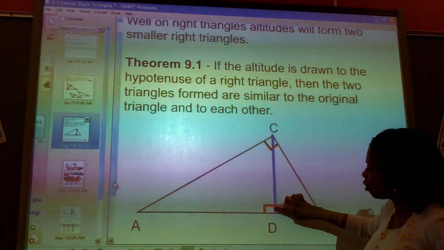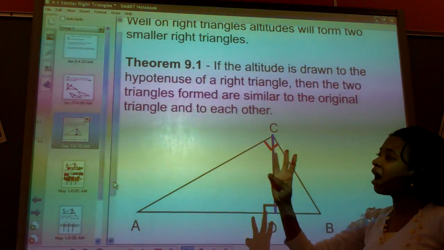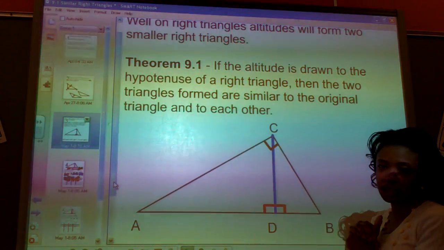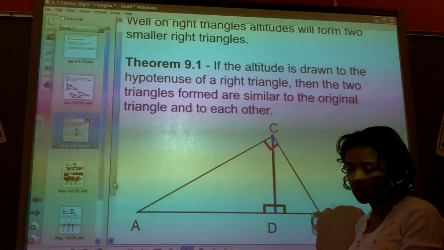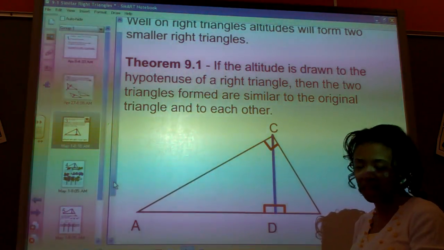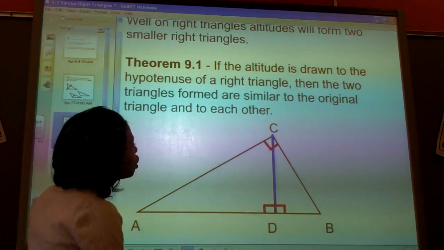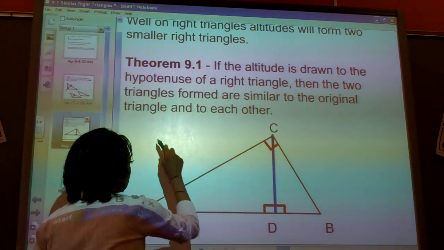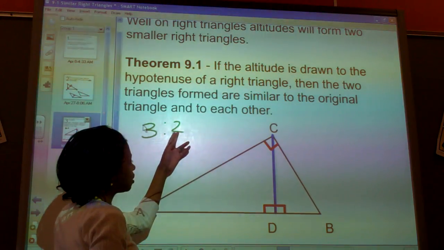So when I draw an altitude, which is now CD, I have three triangles. Because I drew this altitude CD from the right angle, all three of my triangles are going to be similar in length. It might be a 3-to-2 ratio, so the giant triangle ABC might be 3-to-2 to the medium.